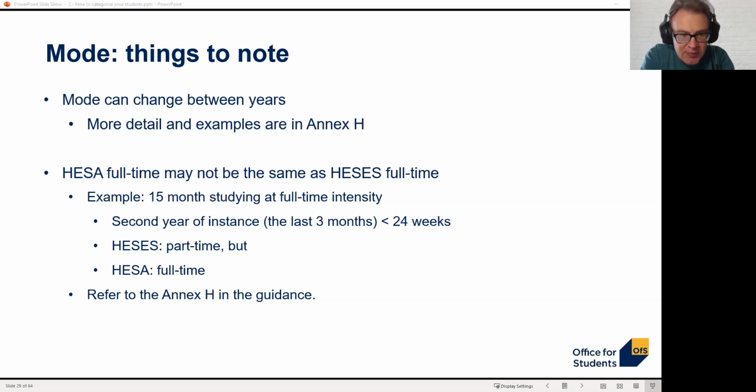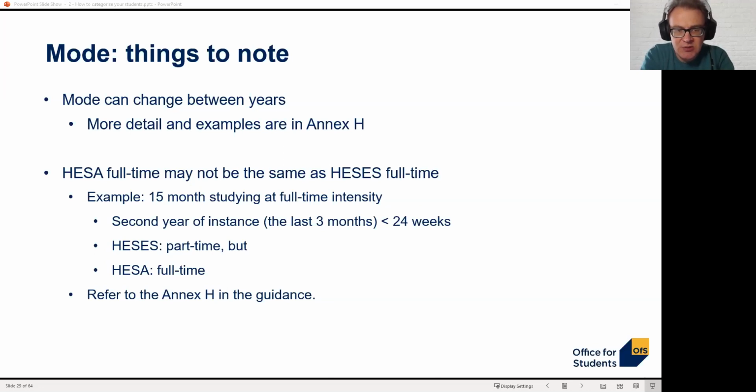I have a question here about what mode would be recorded for an HNC part-time when they are doing the course for 2 years. I think we may need more detail on that. I suspect it probably would be part-time. We've had some issues with HNCs in the past where they haven't quite met the definition of full-time in terms of time-based criteria.